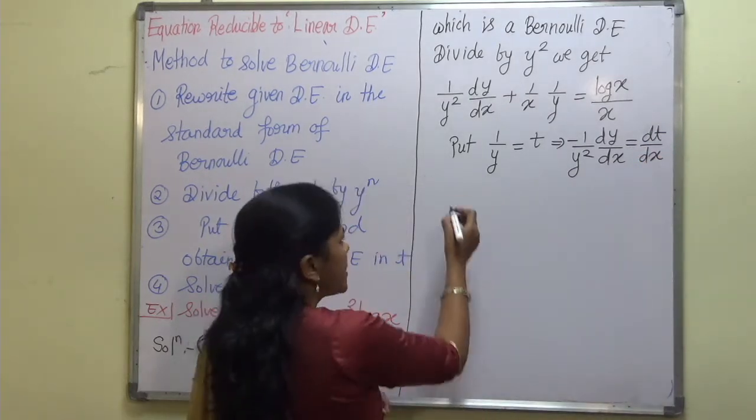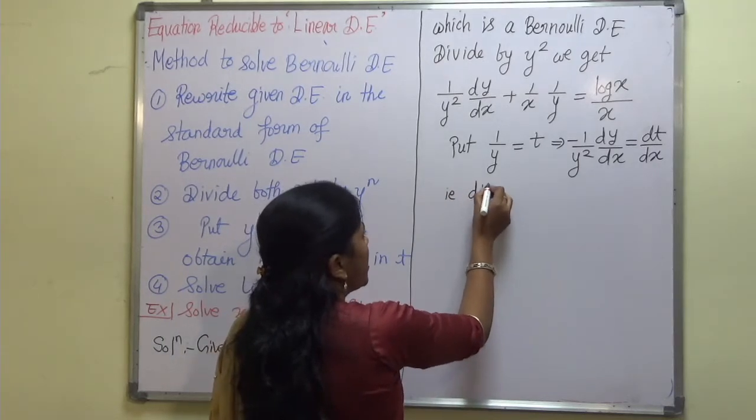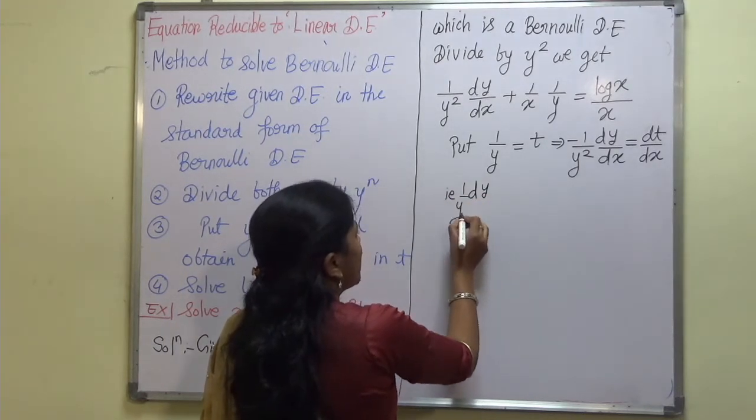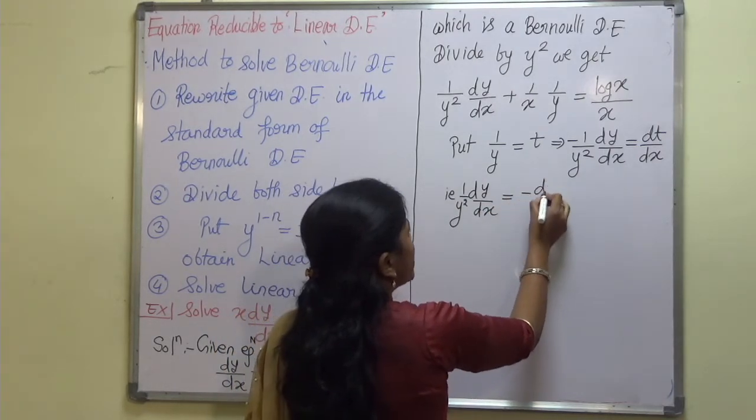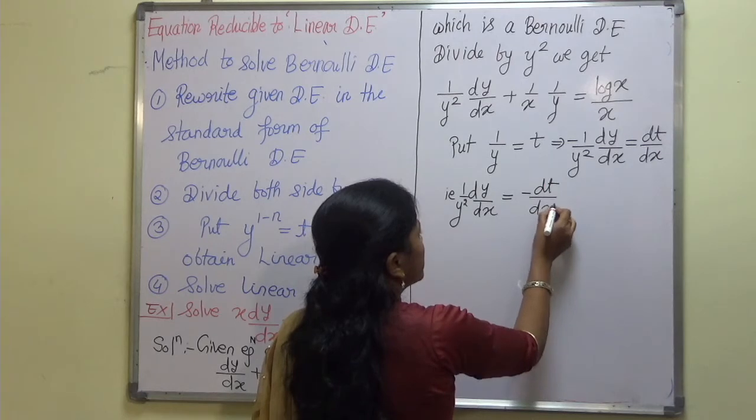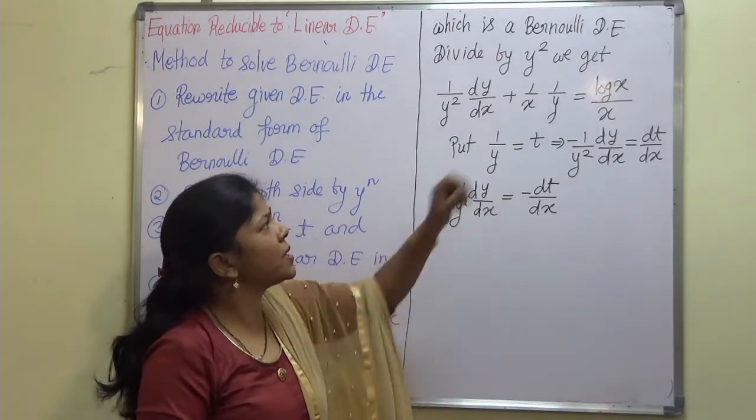That is, dy by dx into 1 by y square is equal to minus dt by dx. Use this in this equation.